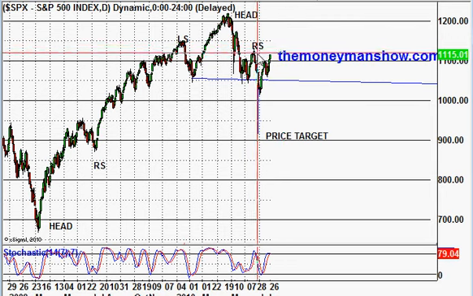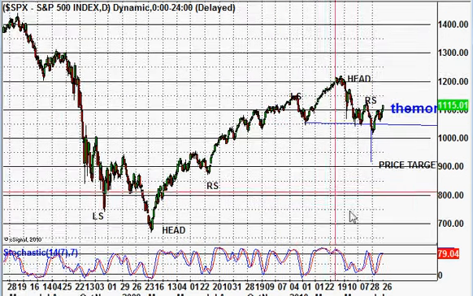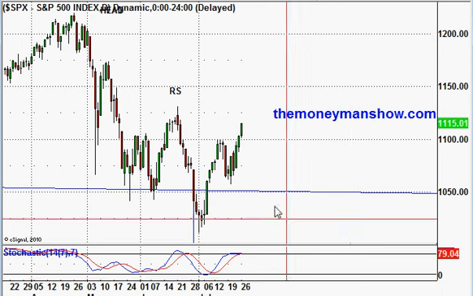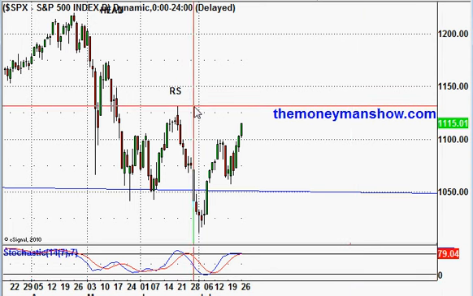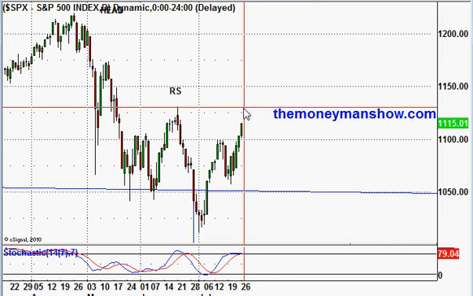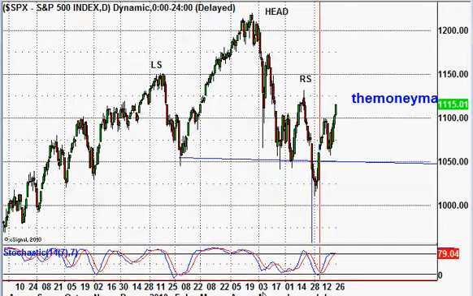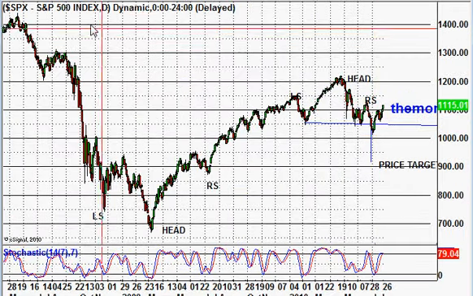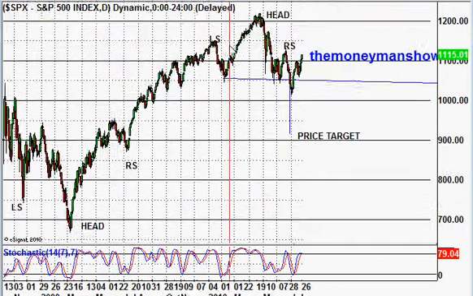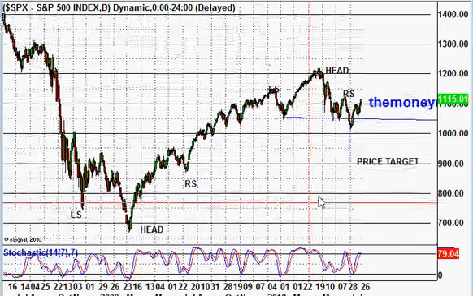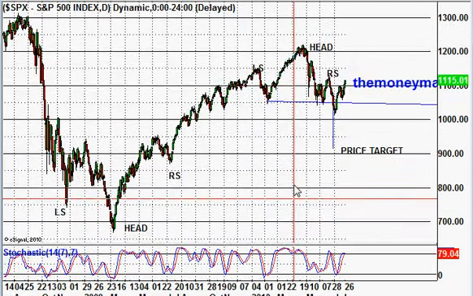Even if it crosses above this one, I will have to review my short stop. It's not something I usually do, and if I do it, it's only because of the monthly chart. Okay, it's very powerful. The higher the time frame, the more powerful the chart is.